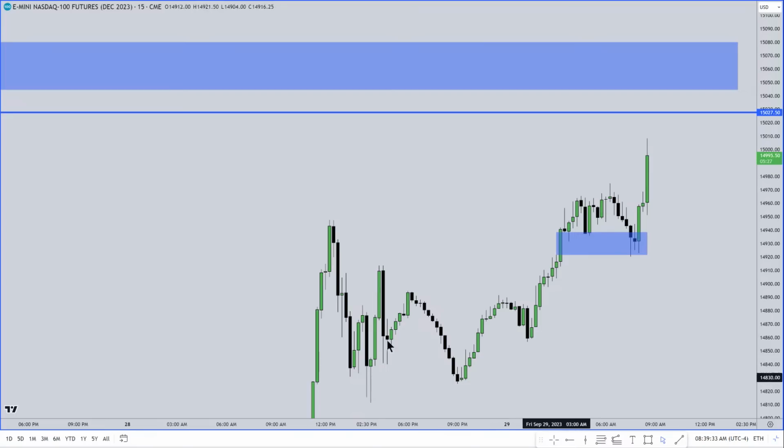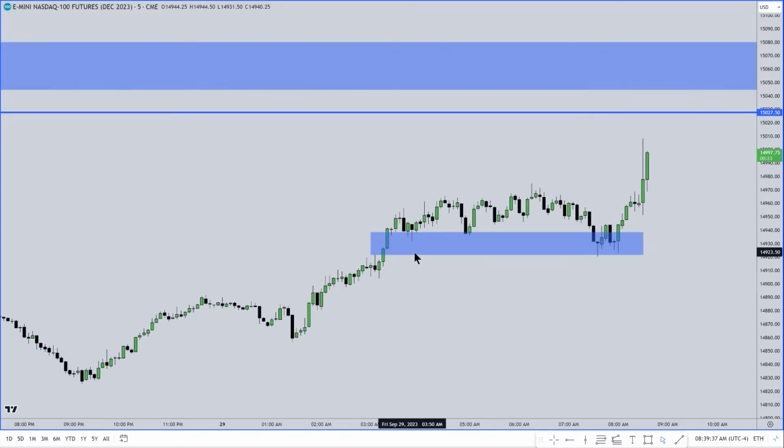So anyway, let's drop down here into a 5-minute chart and see what this thing is trying to do here. Yeah, it still could pump up there to that 15,028. Let's see if it will do it.